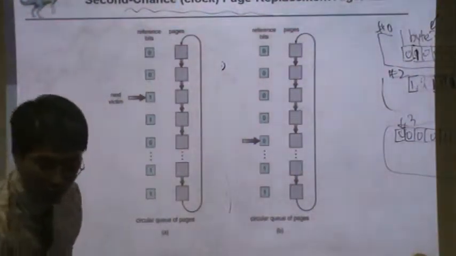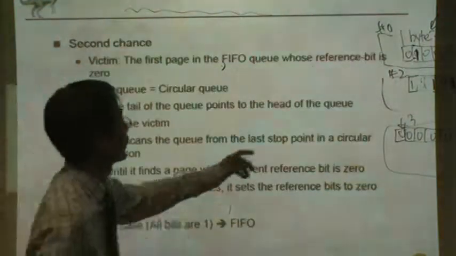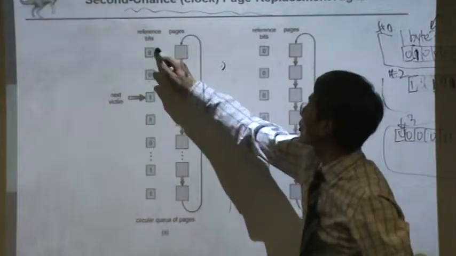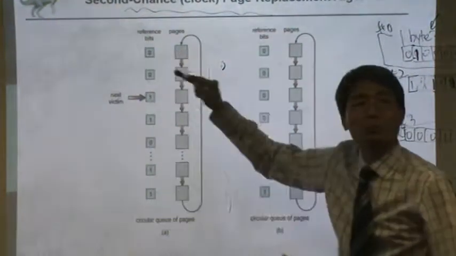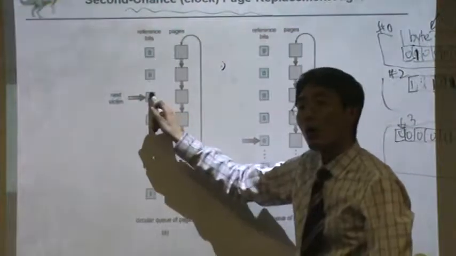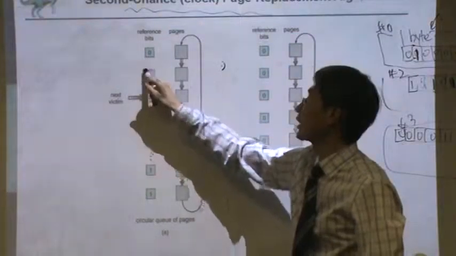Instead of managing 8 bits for each page, we are going to manage only 1 bit for each page. If referenced, we will set it as 1. Otherwise, it will keep the 0.